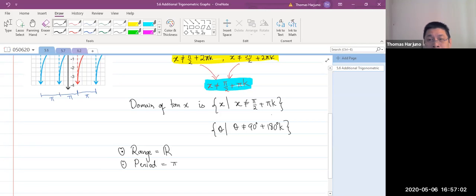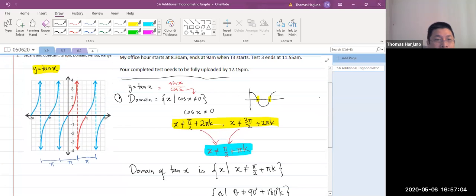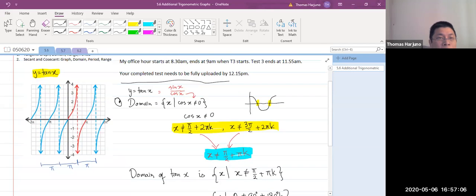So for example, you draw a horizontal line. If you draw a horizontal line, let's say here, then the distance between this point, this point, this point, this point is pi.